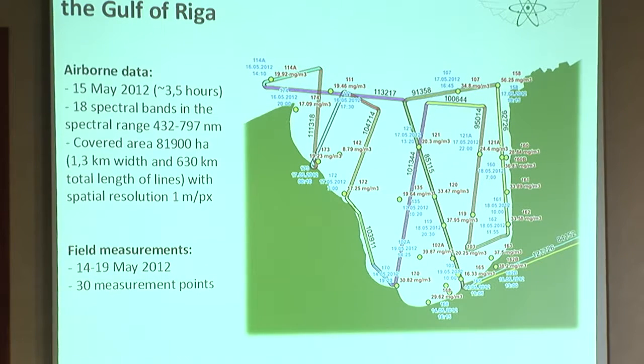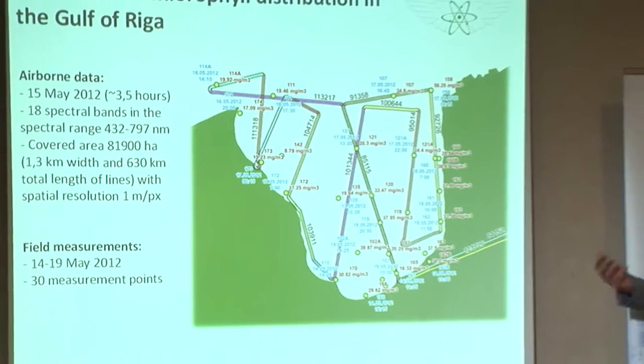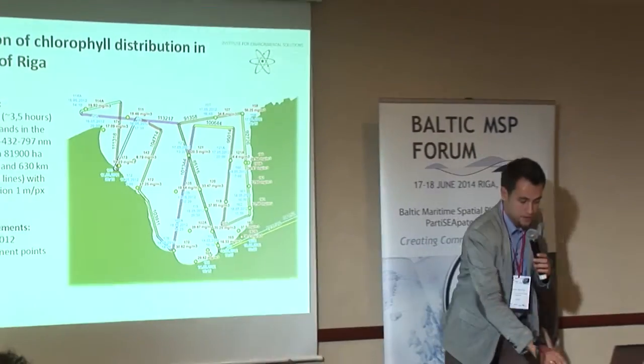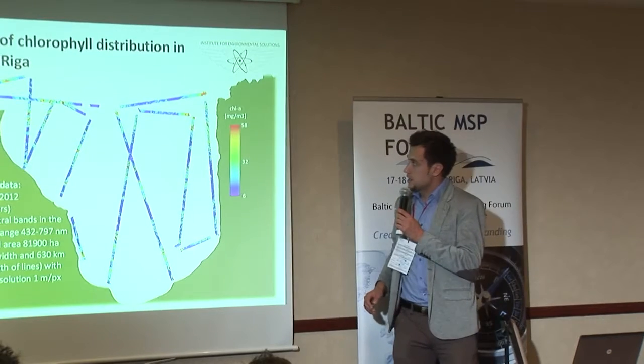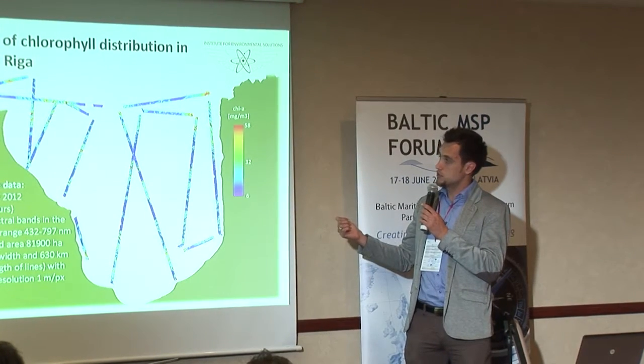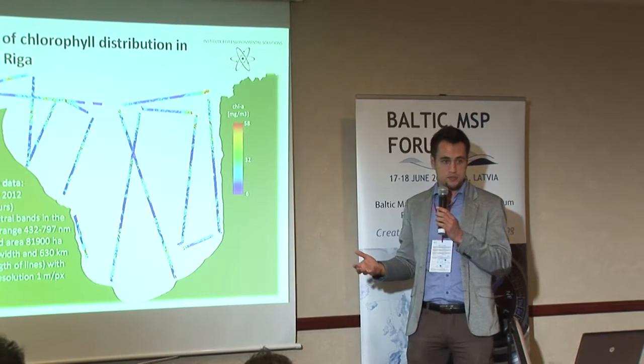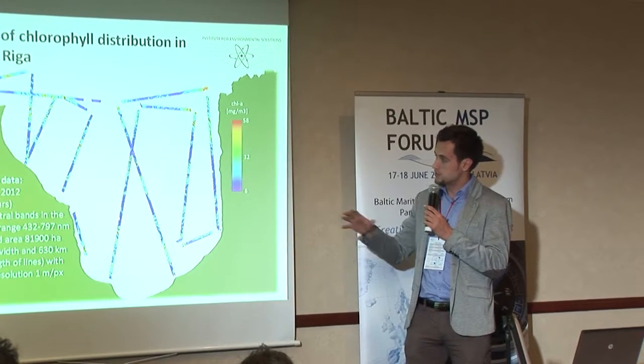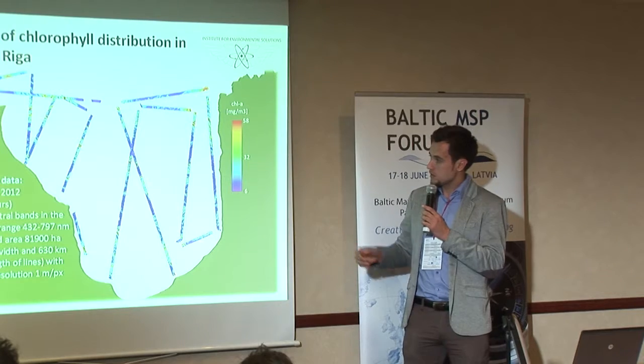In this study we tested how we can contribute to this with information from the sky. Here you can see these lines with different maps representing chlorophyll distribution that later can be attributed to phytoplankton distribution and used for planning.